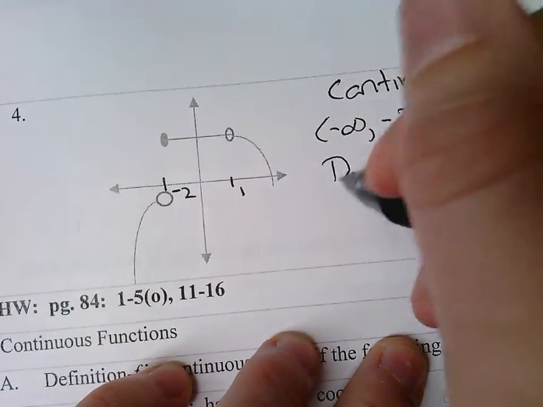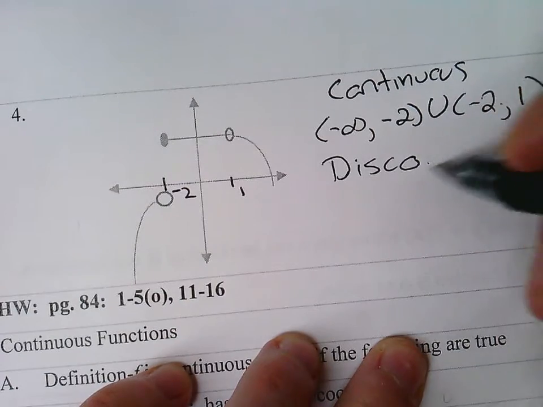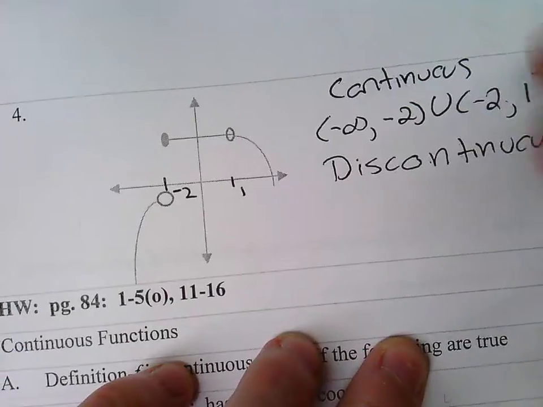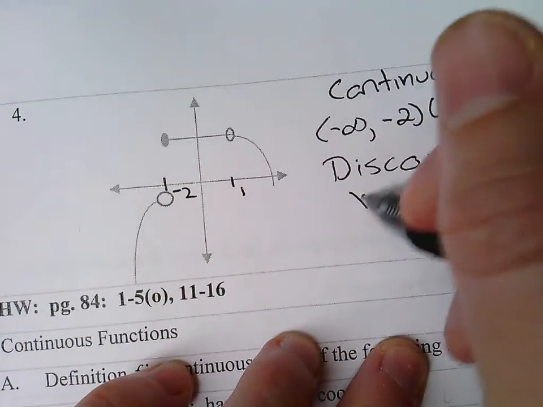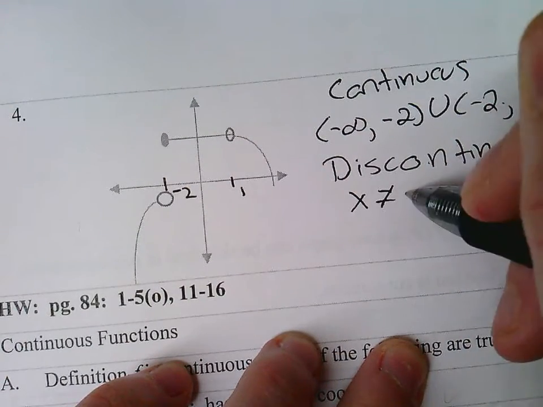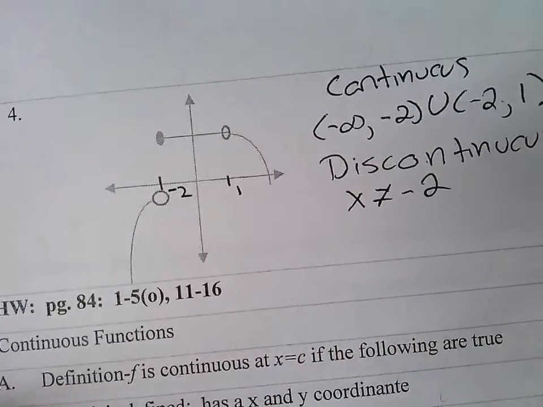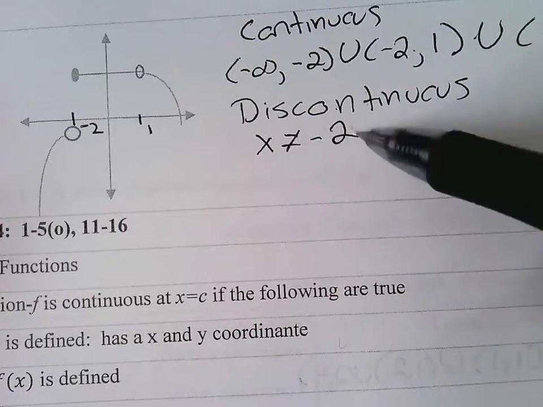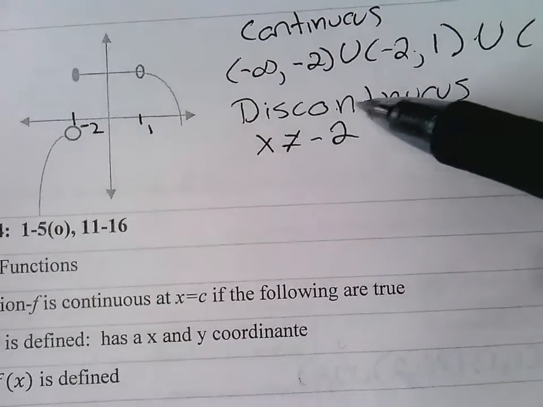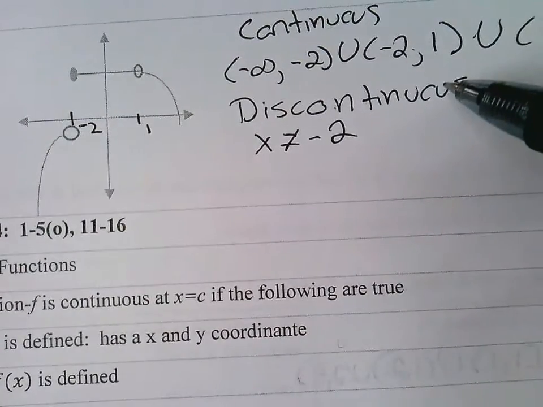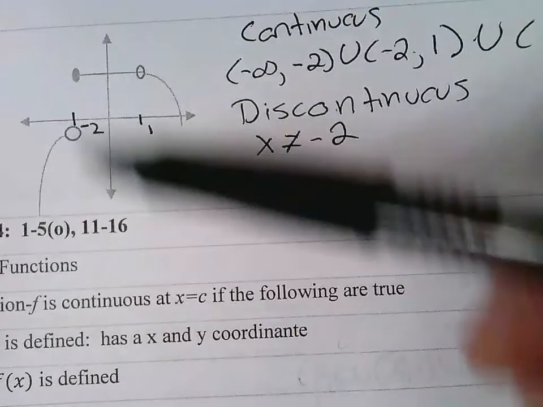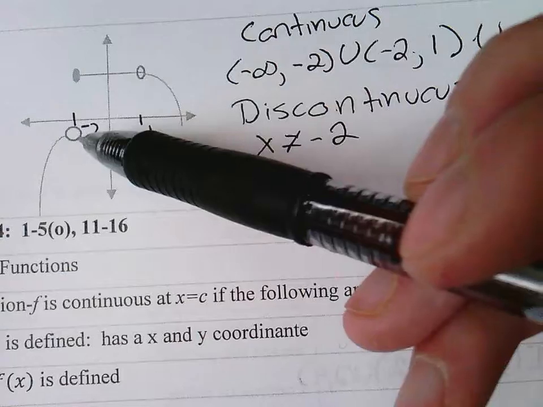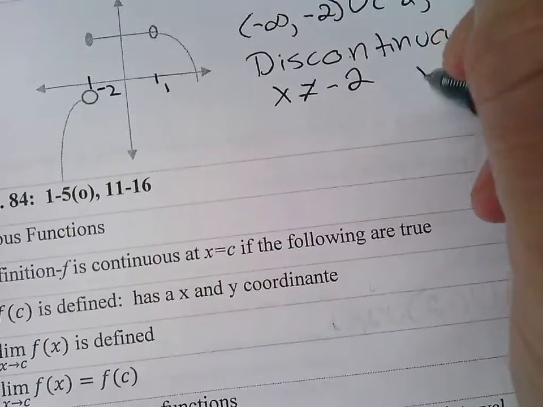And it's discontinuous at x can equal negative 2. Sometimes my students get confused on that. Technically, it would probably be x equals negative 2, but you can also say x can equal negative 2 to help your brain think the same. That's going to be a jump discontinuity.